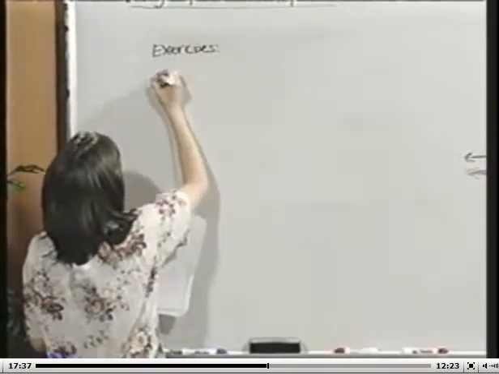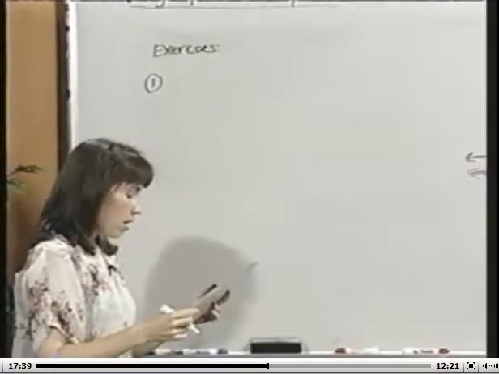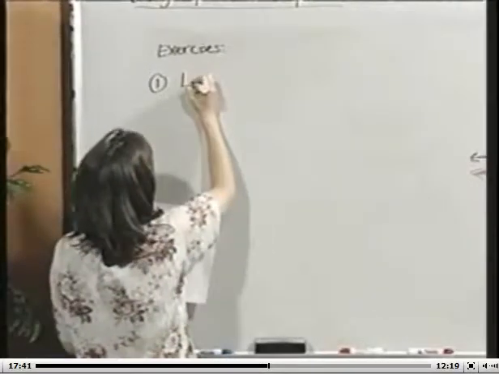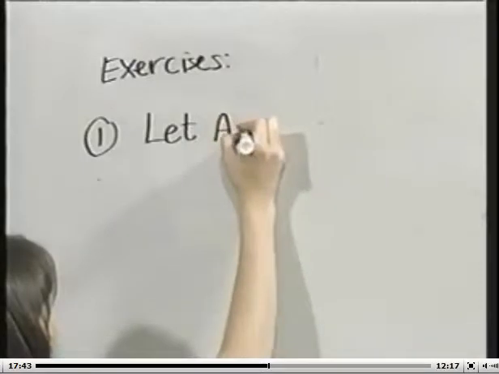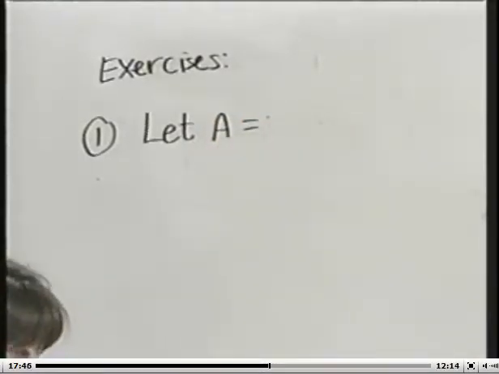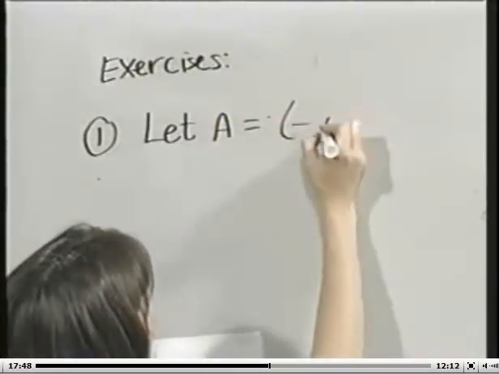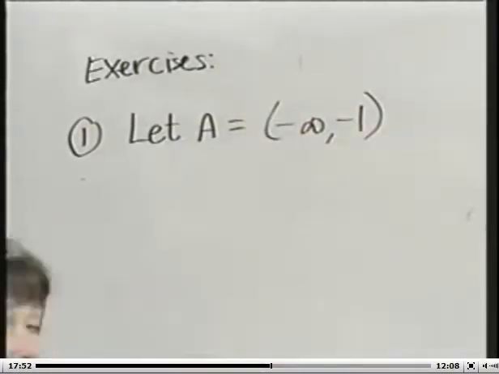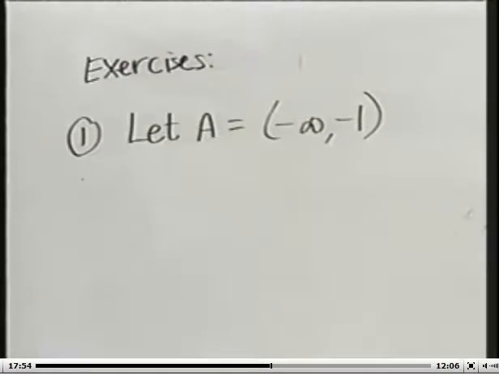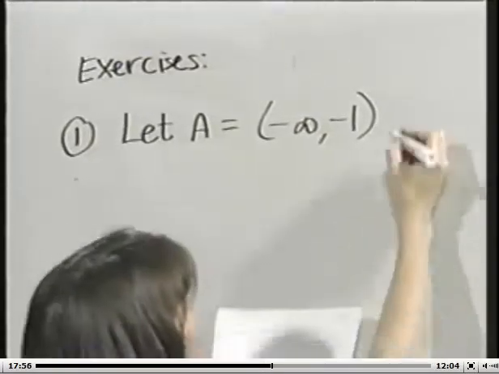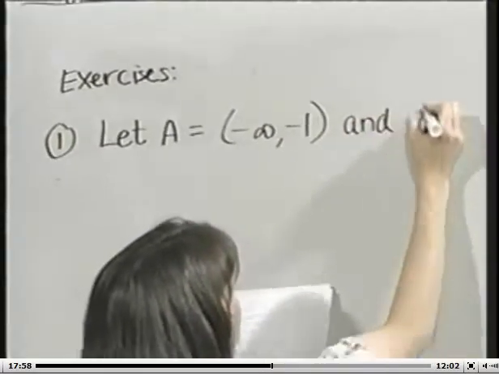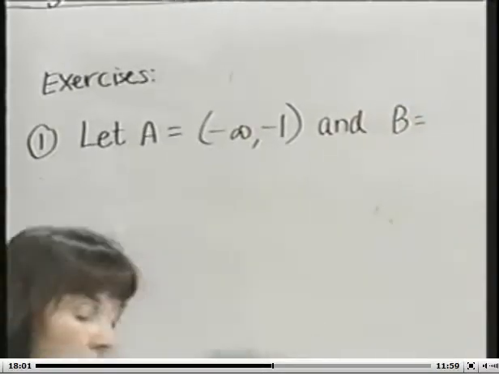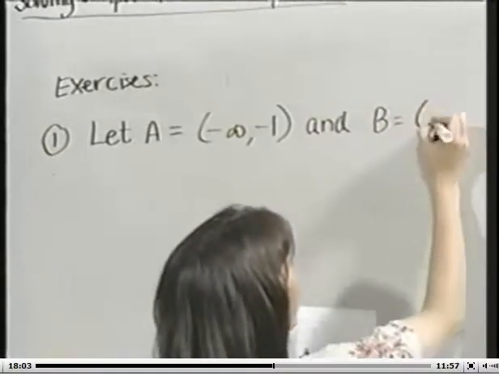Number 1. So let A equal the set negative infinity to negative 1. Let A be the set negative infinity to negative 1. And let's let B be the set negative 2 to 4.